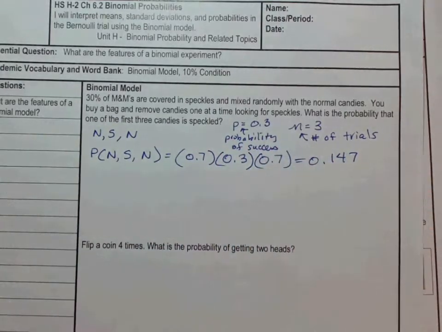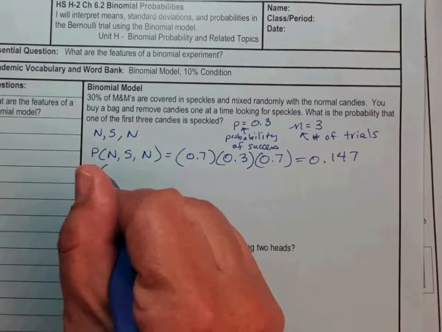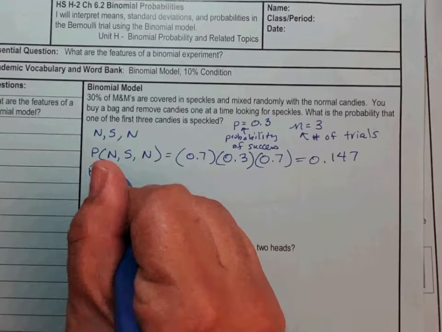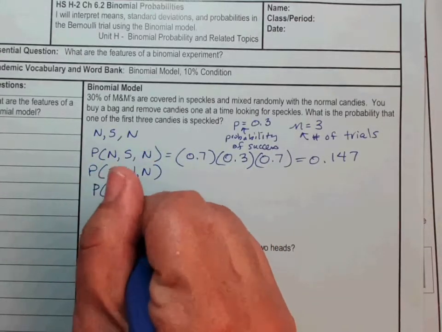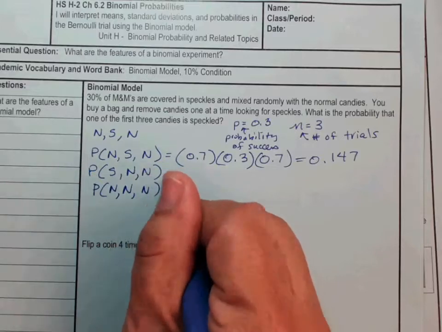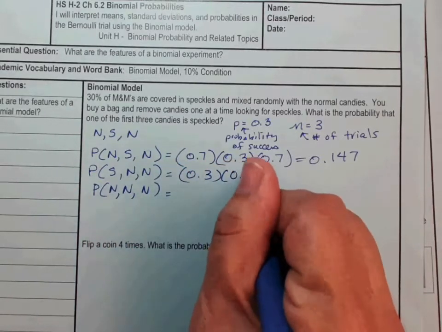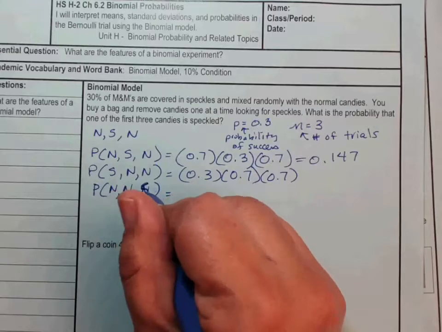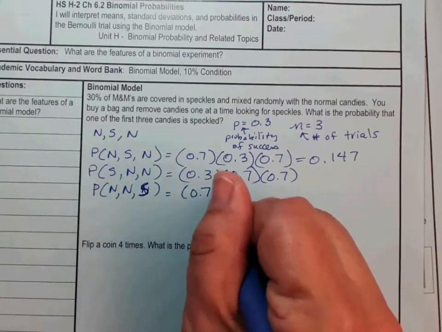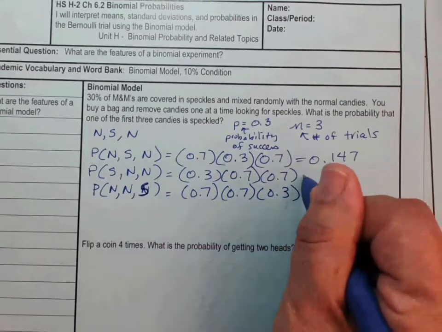Is that the only way to get one speckled candy? No, I could get it first or third. Does that change the answer? No, because all you're doing when you do that is rearranging your probabilities. And if you remember your commutative property of multiplication, it doesn't matter what order you multiply, you get the same answer.